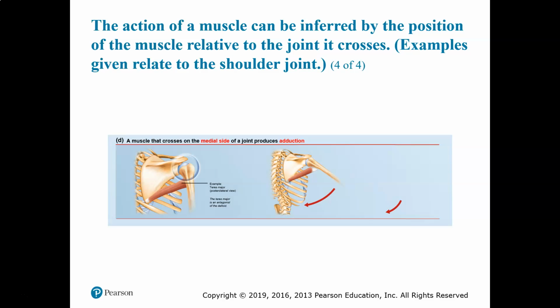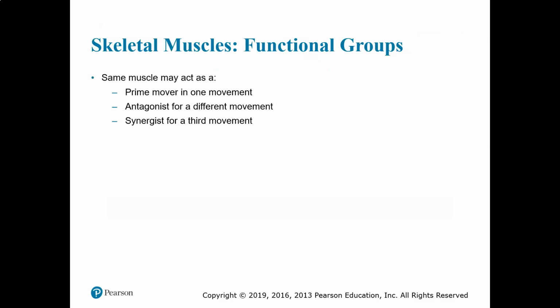And then bringing the arm back toward your body is going to be the teres major, which is this muscle right here. The teres major is going to be the antagonist, and it's going to be located on the medial side of the shoulder joint. So lateral side is abduction, medial side is adduction.